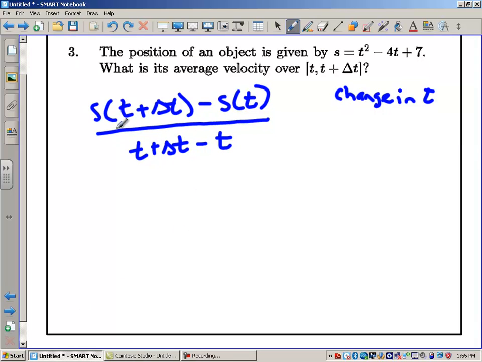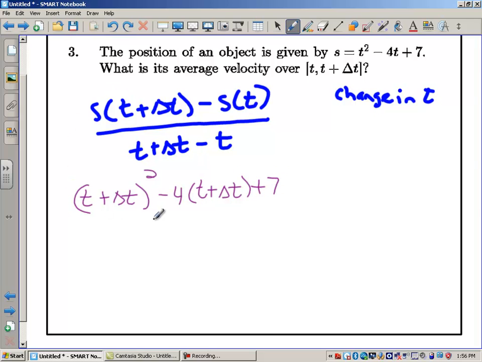Now, s of t plus delta t means plug t plus delta t into this equation. So I've got to do the following. I'm going to have to drop down to a not so thick pencil. Let's go back to purple. All right, so s of t plus delta t would look like this. So there's the t squared, but we're actually plugging in t plus delta t for t, so that's that squared, minus 4 times t plus delta t plus 7.